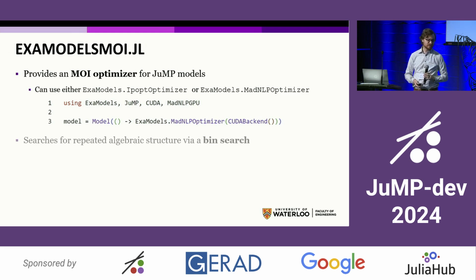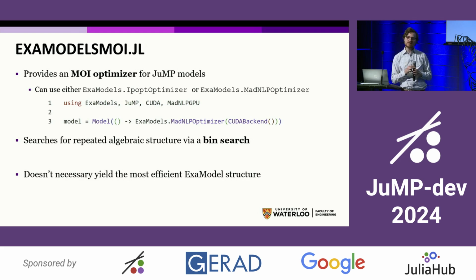And then what it does behind the scenes is it will iterate through that JuMP model once it's made, look for any common algebraic structure by binning, and then it'll construct an ExaModel and then proceed forward as normal.